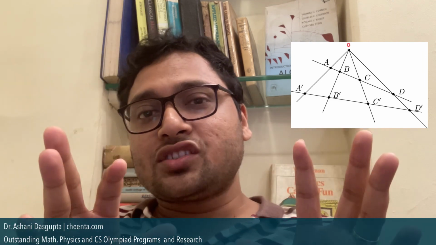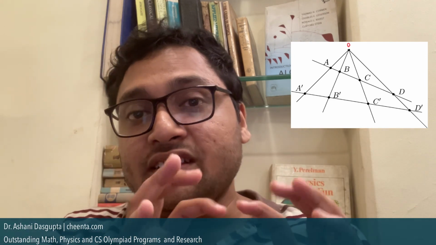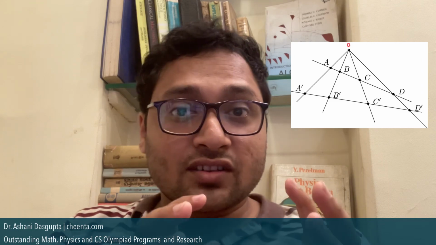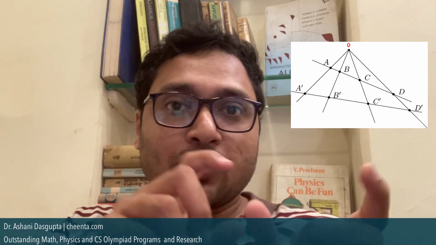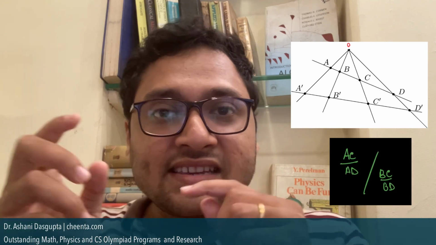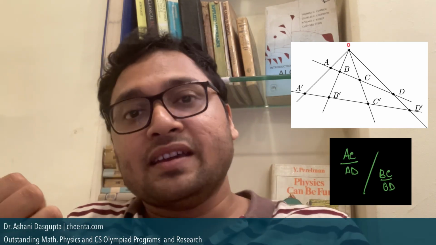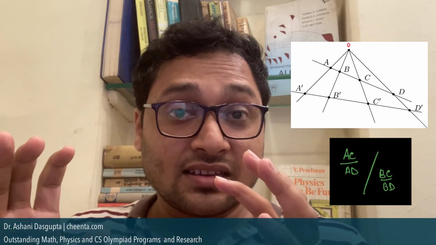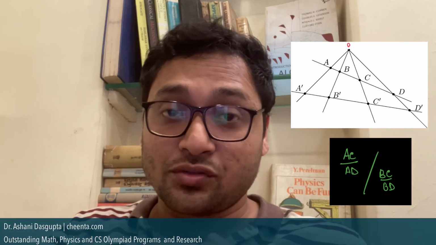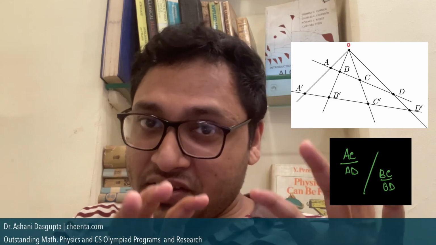Then the cross ratio is a quantity that remains preserved. And what is the cross ratio? Well, the cross ratio of AB to CD is AC by AD divided by BC by BD. So it's a ratio of ratios. This quantity remains the same.